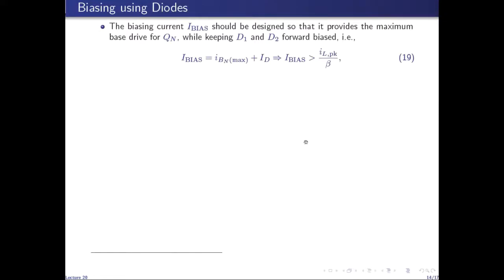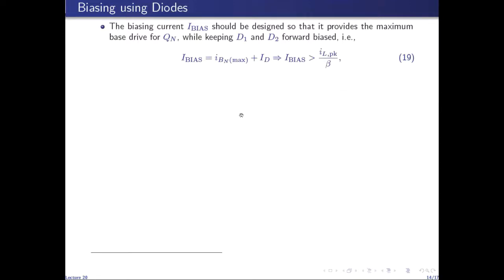So Qn is conducting. As the load voltage increases, load current increases, which means that the emitter current of Qn is increasing, which in turn means that the collector current of Qn is increasing. So at the peak value of the load voltage, the current conducted by the transistor Qn will be maximum, and hence the base current of Qn will be maximum. So that is the maximum base drive.